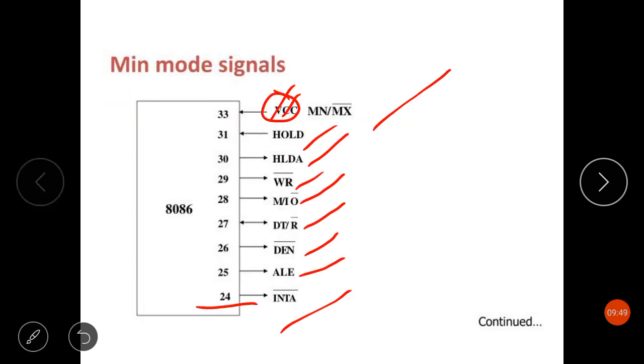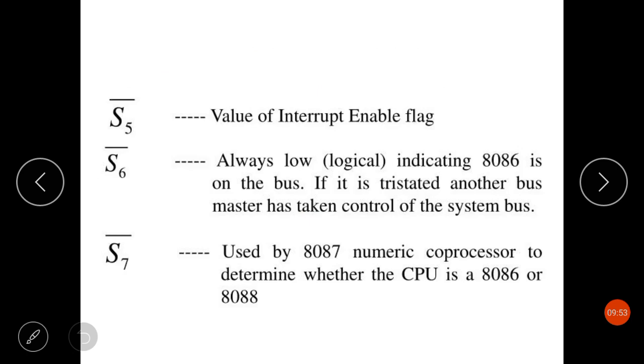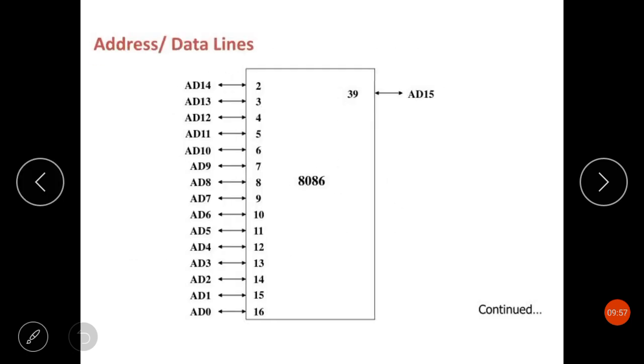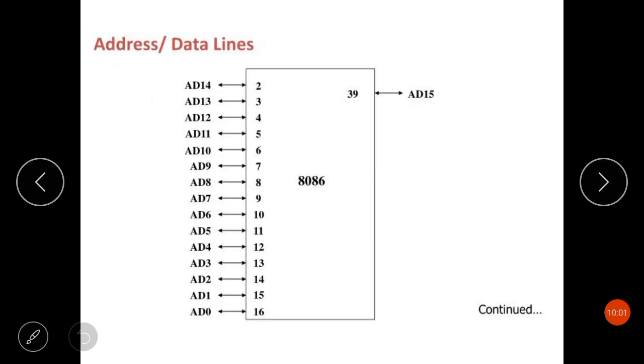In the previous lecture also, when I was discussing the common mode signals, I had written this. You can see the pin configuration. Wherever the arrow is bidirectional, it means a bidirectional pin: either the data can go inside the microprocessor, or the data can come out of the microprocessor.